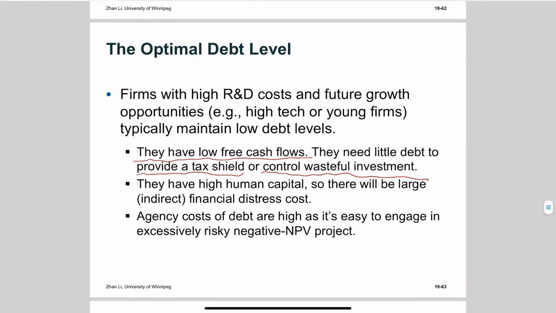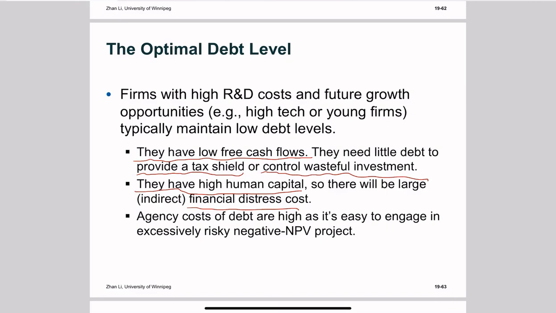The second reason is this firm has high human capital, so there would be large financial distress cost. The idea here is for these young firms or high-tech firms, the majority of their workforce is engineers, scientists.